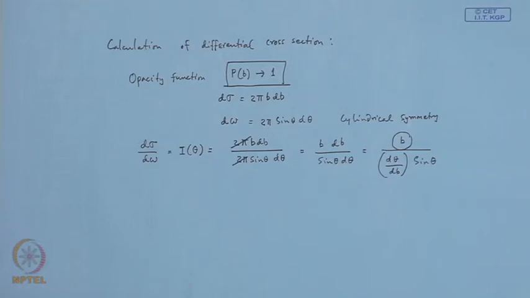We need to take the summation to get the overall contribution. Overall contribution means contribution from different impact parameters.